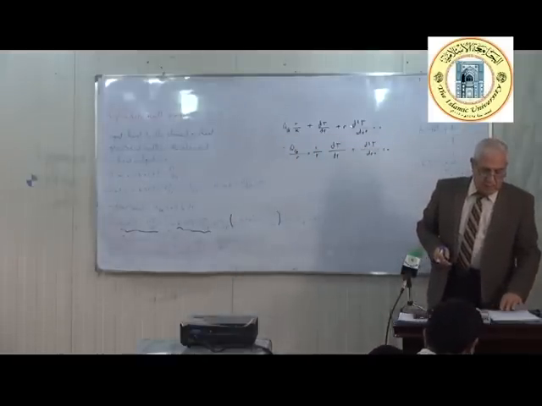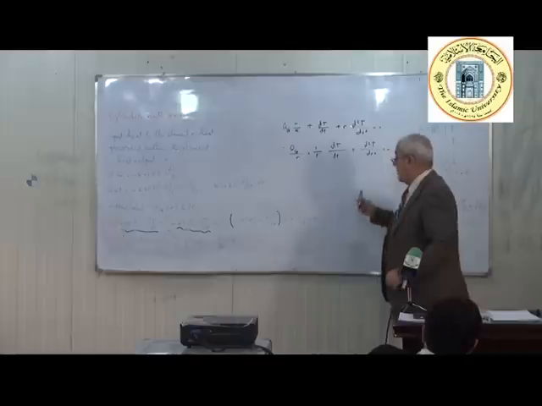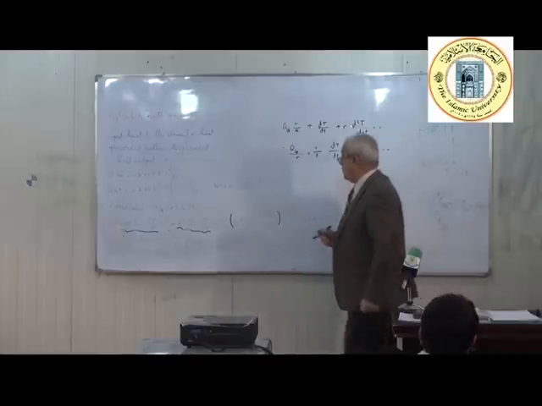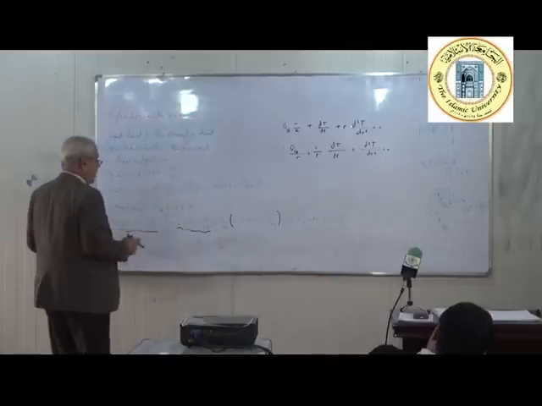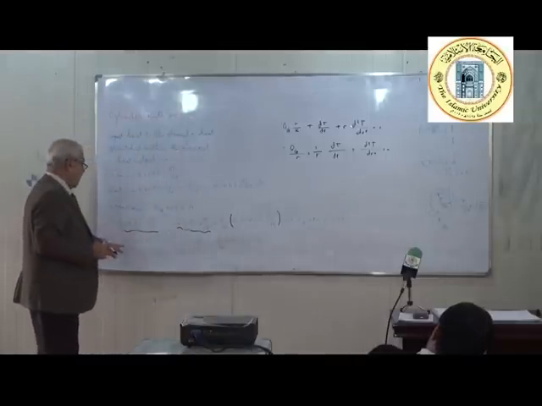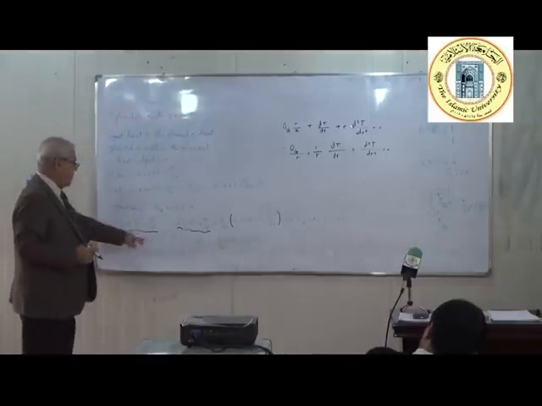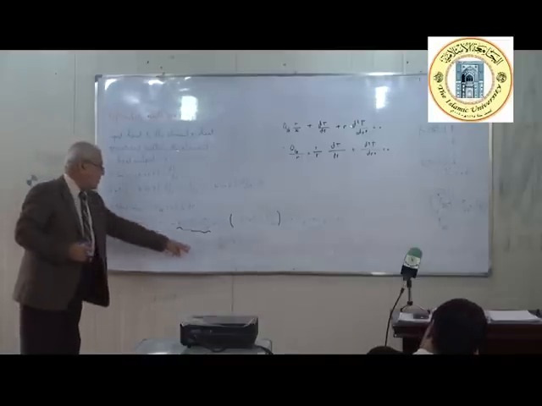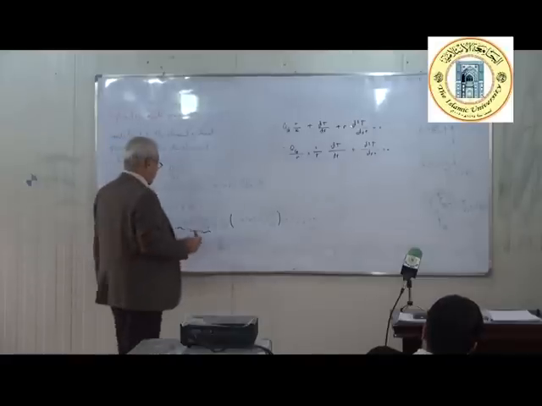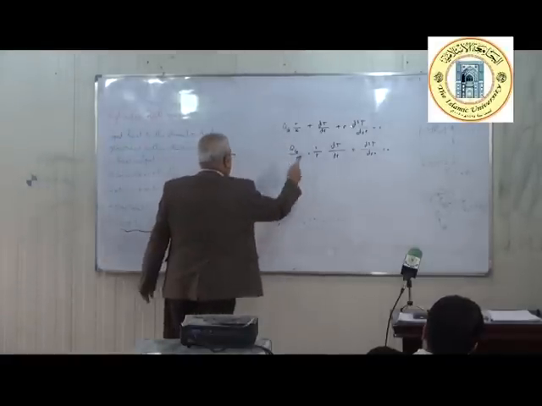Now, how did we get this final equation? What we did is as follows. If we divide both sides of this equation by k, this divided by k, this divided by k, we would get, of course, this equation.